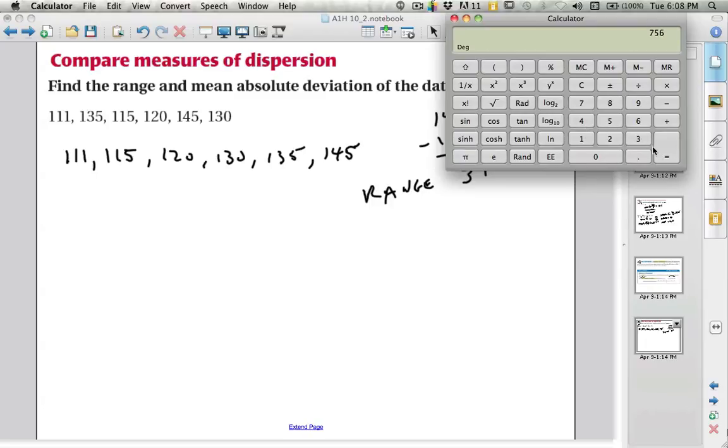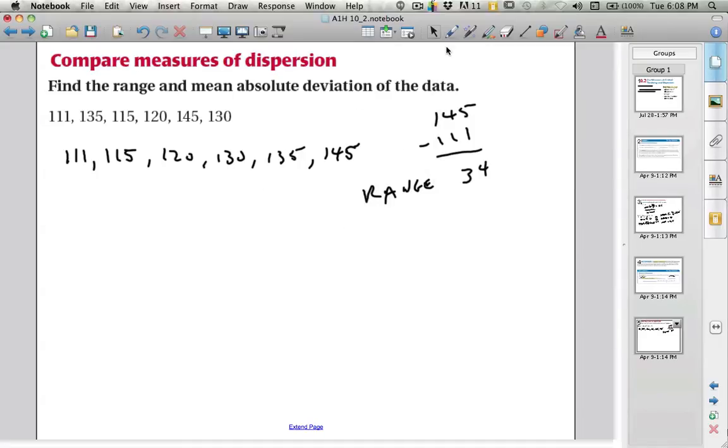That's 756, and there are 1, 2, 3, 4, 5, 6 items. So if I divide by 6, my mean is 126. Okay, so x bar equals 126. And what I want to find now is the difference of all of these different values.